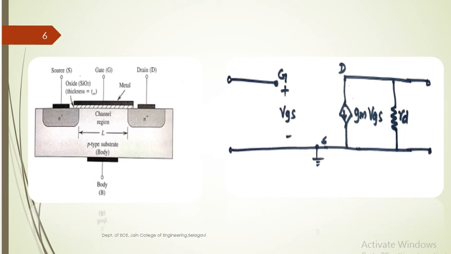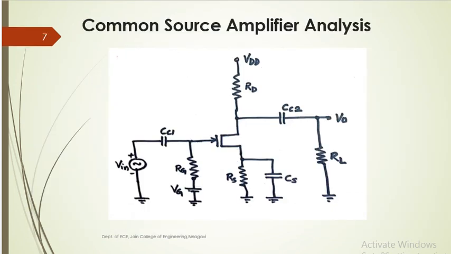Now if you want to analyze the small signal model, here small signal, low frequency, lower cutoff point, if you want to observe. In that case, this is a device and this is a small signal equivalent model, and this one is the NMOS symbol, a representation. When you are using it as a discrete device, we represent it with the help of symbols.